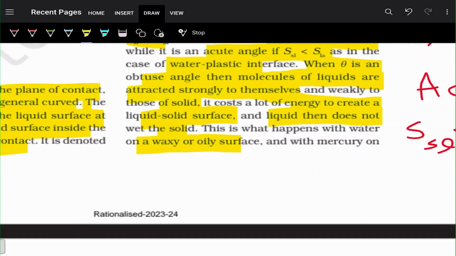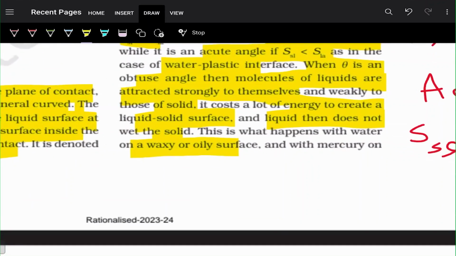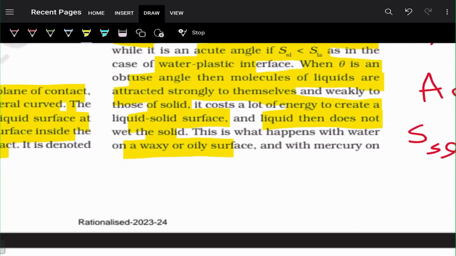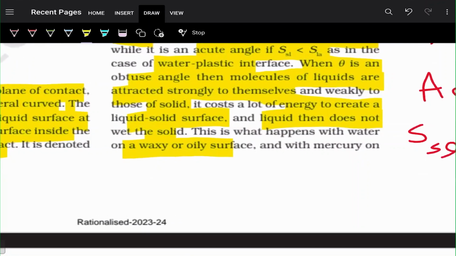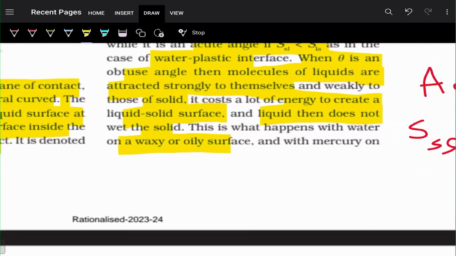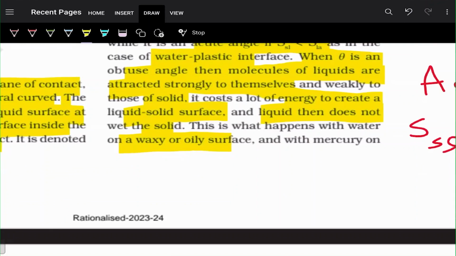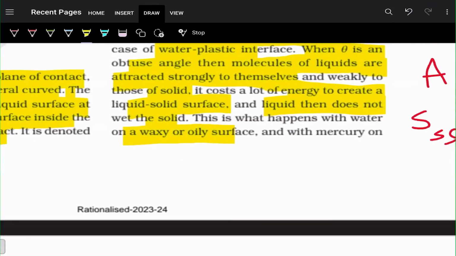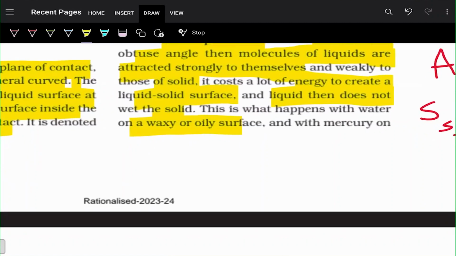എന്തുകൊണ്ട് വെറ്റാക്കുന്നില്ല? റീസൺ എന്താണ്? ലിക്വിഡ് മോളിക്യൂൾസ് themselves are attracted strongly and weakly to those of solid. So it costs a lot of energy to create a liquid solid surface, and liquid then does not wet the solid. This is what happens with water on a waxy or oily surface and with mercury on any surface. Okay.